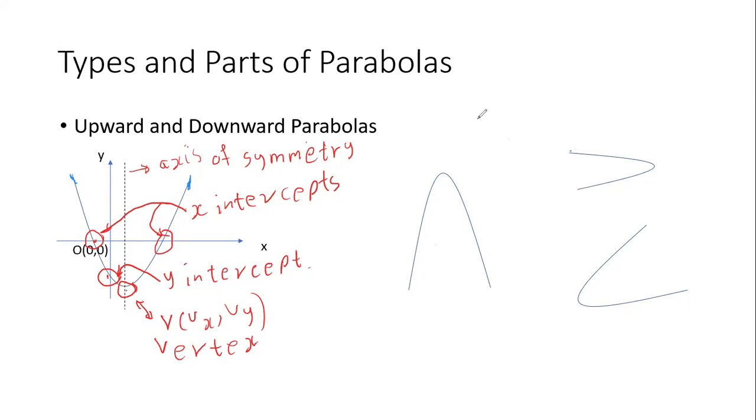The parabola could be upwards, if it opens upwards, or downwards, if it opens downwards like this, or open left or open right. Now this one is a slanted parabola. You see its axis is not horizontal or vertical.